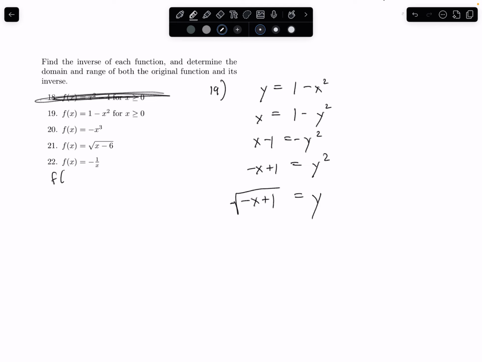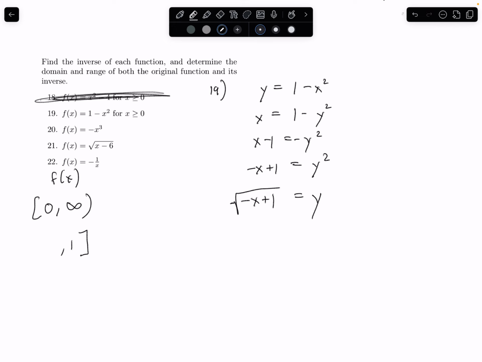Okay, now I'm going to check the domain for f, and it's given to me. x has got to be bigger than or equal to 0, so 0 to infinity. And then if I put in 0, that's 1 minus 0, right? And if I put in something bigger, it's going to be smaller. So it looks like the largest it could be is 1.